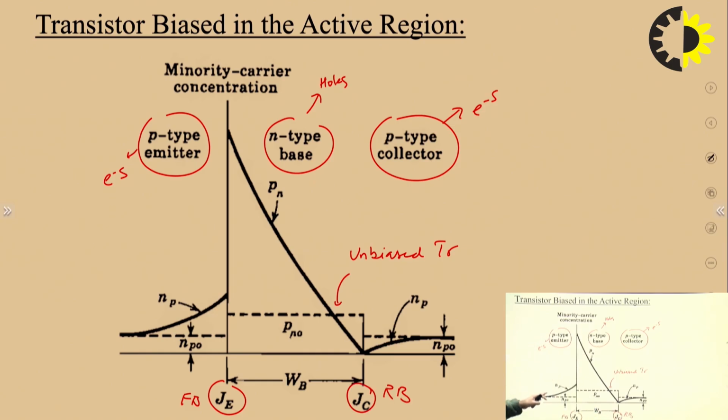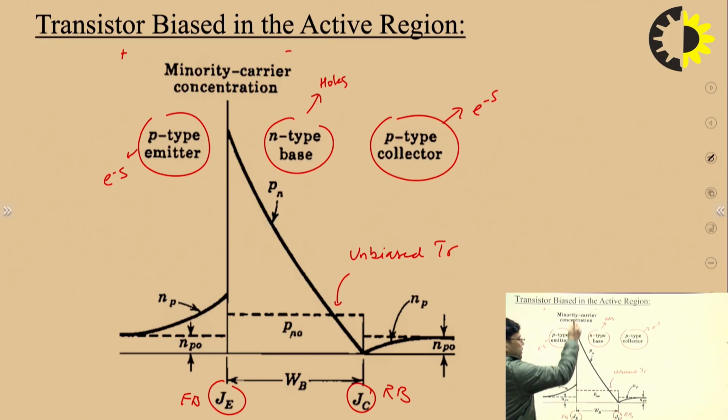So in the forward bias, you have to connect this p type terminal with positive and n type terminal with negative. So holes are moving from p to n and electrons will be moving from n to p, right.